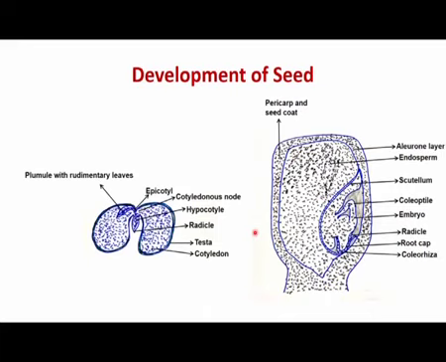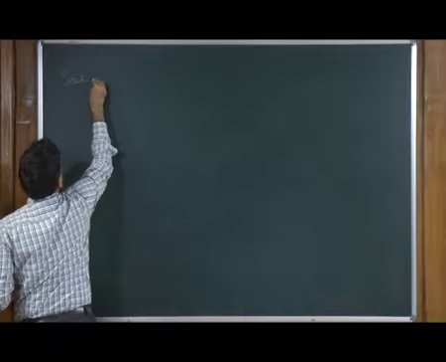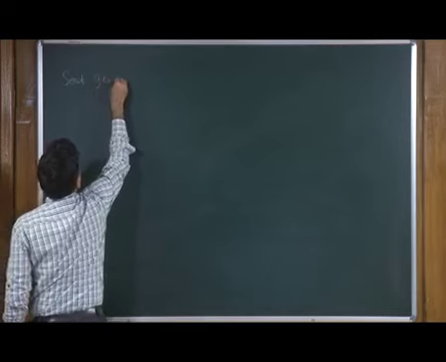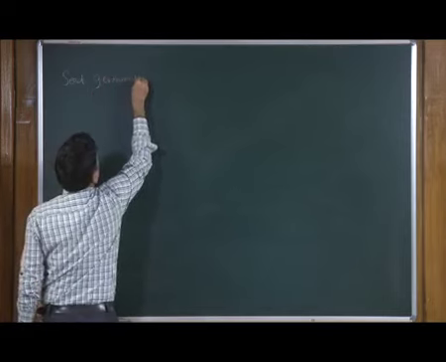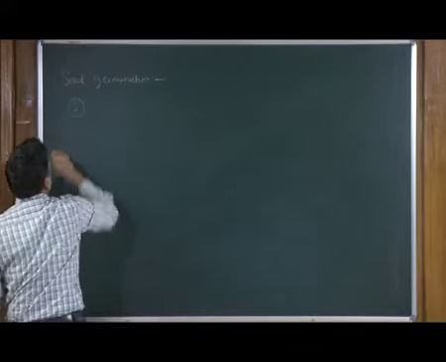The seed of most plants germinates when you sow them and provide them suitable growing conditions. The germination of a seed has multiple steps, and let us see what these steps are.